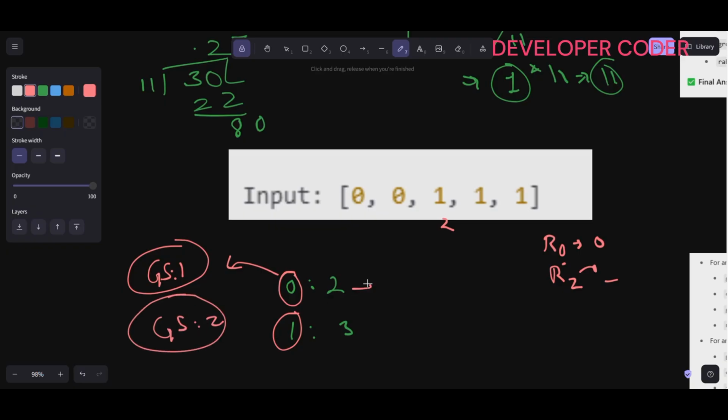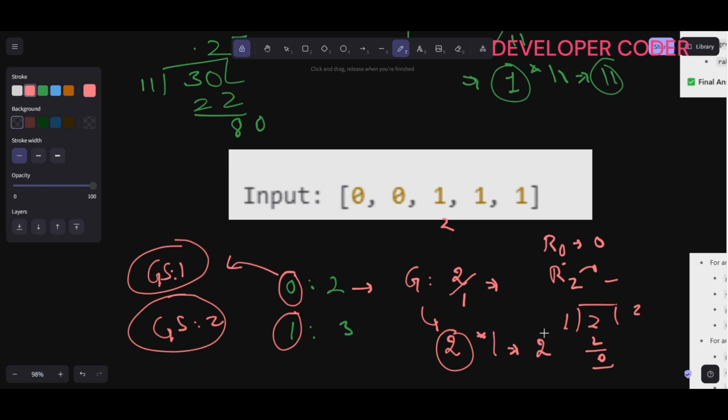Now here again, the number of groups you will calculate. So number of groups, count divided by group size. What is the value you are going to get? 2 divided by 1, so you are going to get 2. So two groups are there, so number of rabbits, 2 into 1 is equal to 2. 2 rabbits.